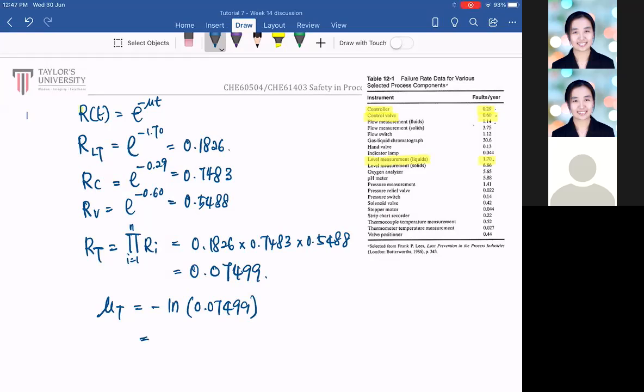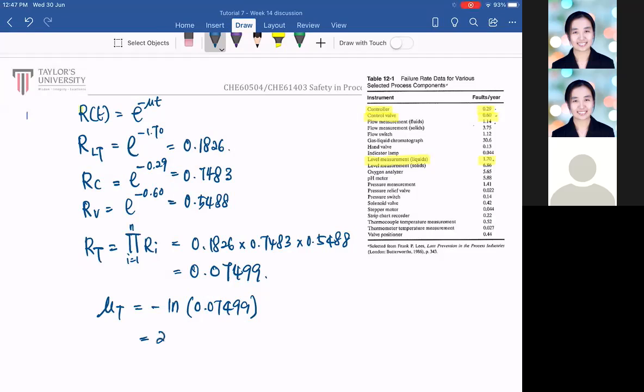Anyone has an answer for this? Okay, so I got 2.59.